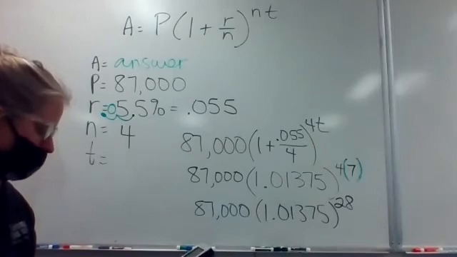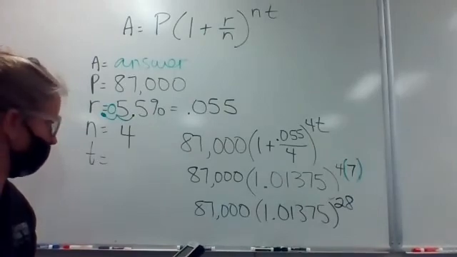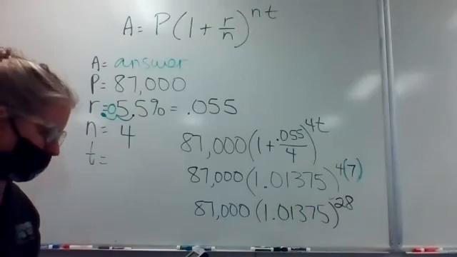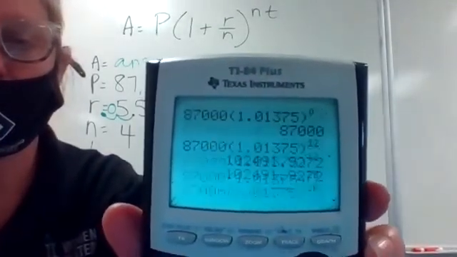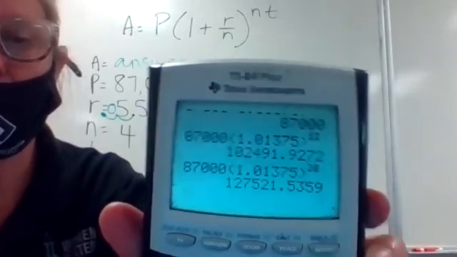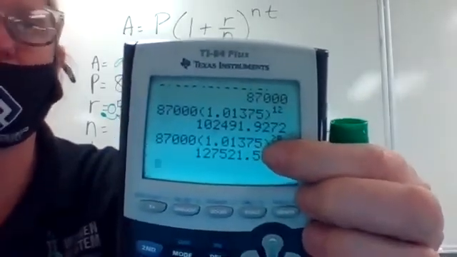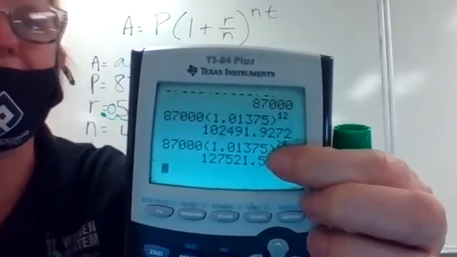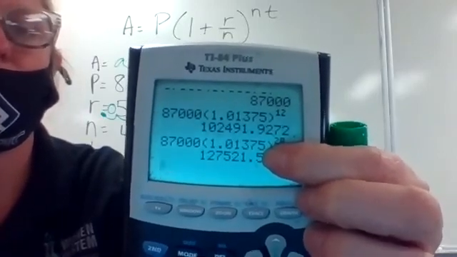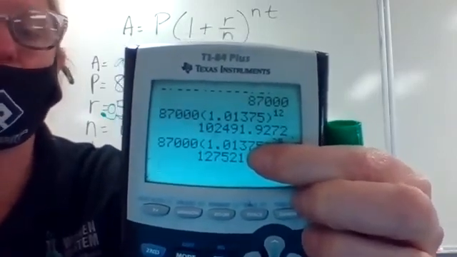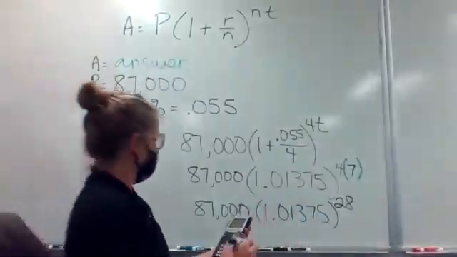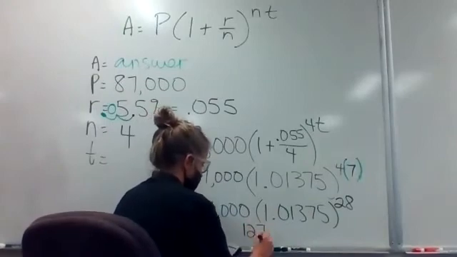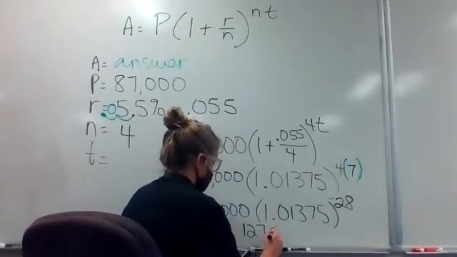Open 1.01375, close. This time going up into the exponent, it's 28. And again, rounding it to the nearest dollar. So since it's 0.5, that's going to round that last 1 up to a 2. Right? So I'll have 127,5 2.